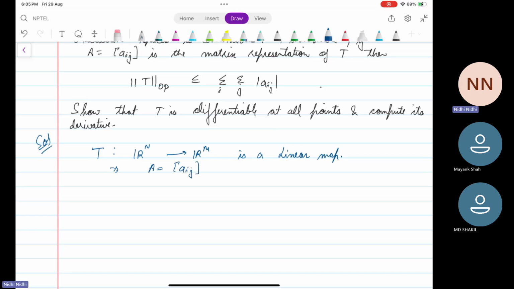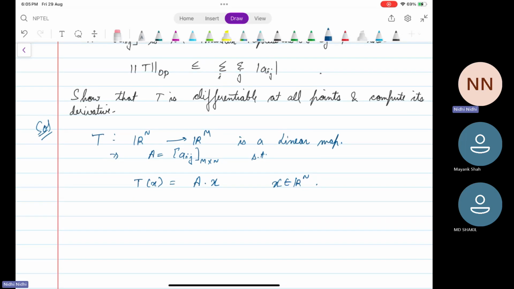Can you tell me the dimension of this matrix A? M cross N, such that T at any point x is equal to the matrix multiplication A times x, where x is a vector in Rn.